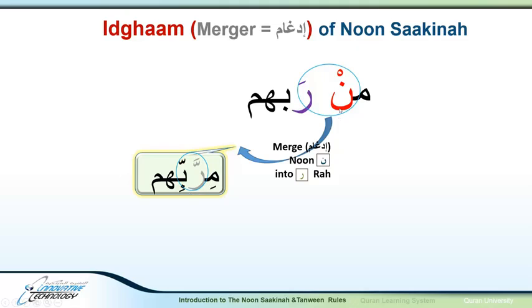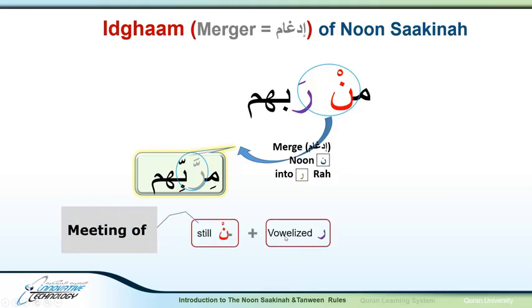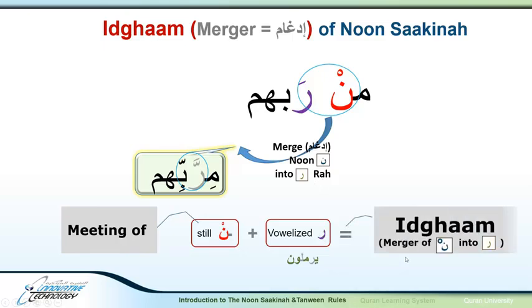No nun would be pronounced, only a ra, and the ra will be doubled. It has shadda. Mir rabbihim instead of min rabbihim. So the meeting of a still nun with a vowelized ra, or any of those letters, would result in idgham, merger of the nun into the following letter, which is a ra in this case.